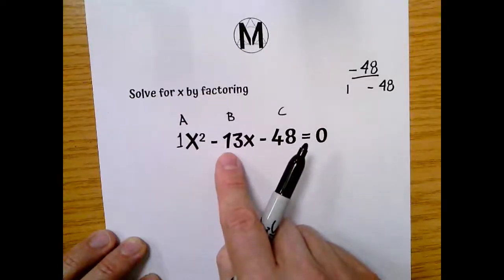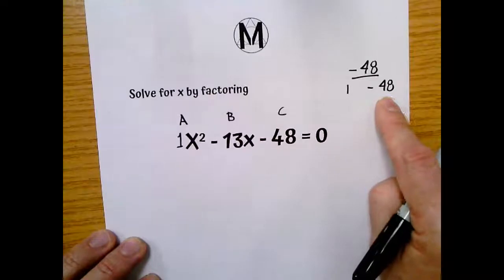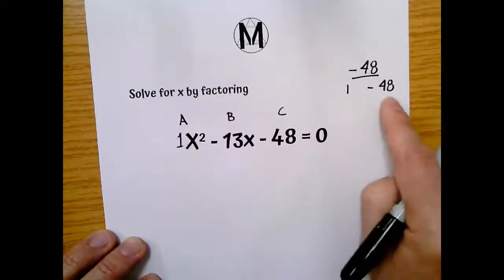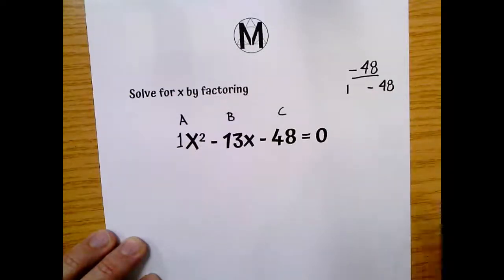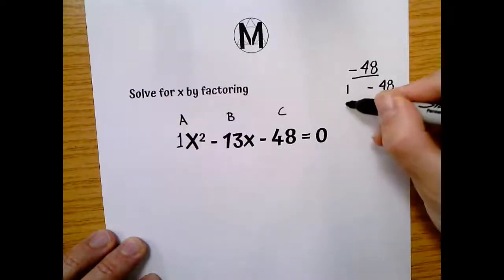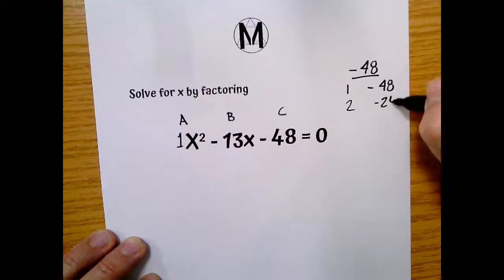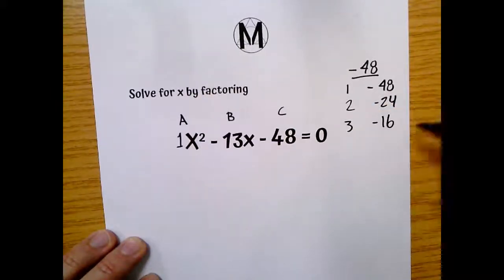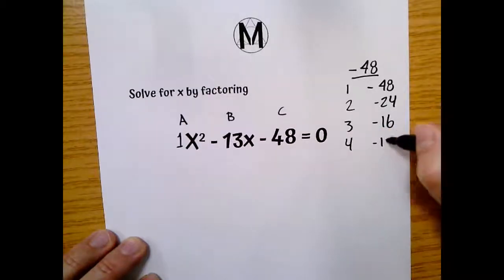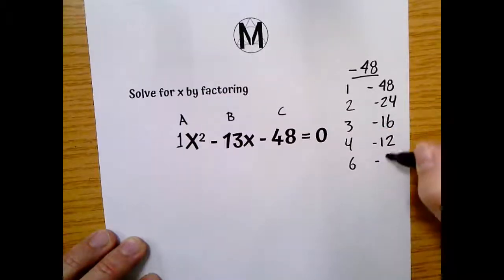So if b is negative, that means this larger number has to be negative because when we add them together, the sum will also be negative. So I'm going to leave the negatives over here, and that's a good trick to save some time. So we have 2 and negative 24, 3 and negative 16, 4 and negative 12, and 6 and negative 8.